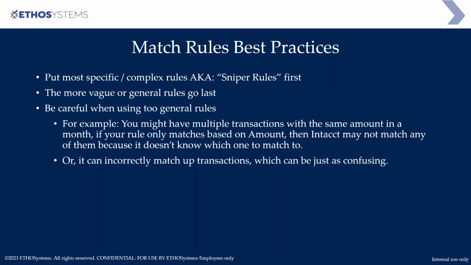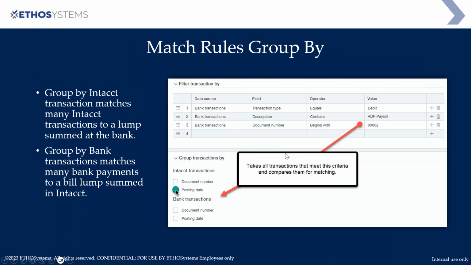Or when I'm doing my credit card deposits, do that one. Make them specific, because then you're going to look for specific types of transactions. Those should go first, and then you can get to more general rules. But make sure you're not making them too general. Again, try making them based upon the specific type of transaction.